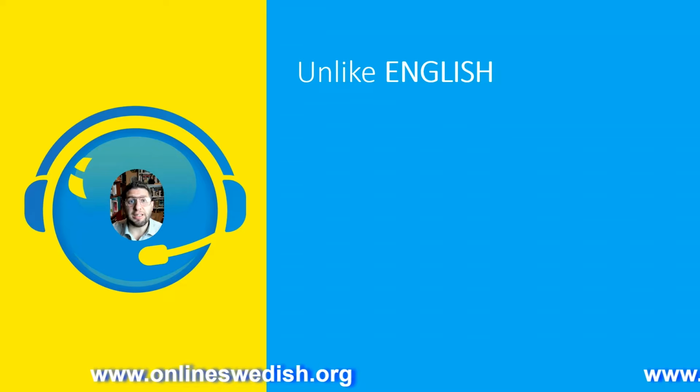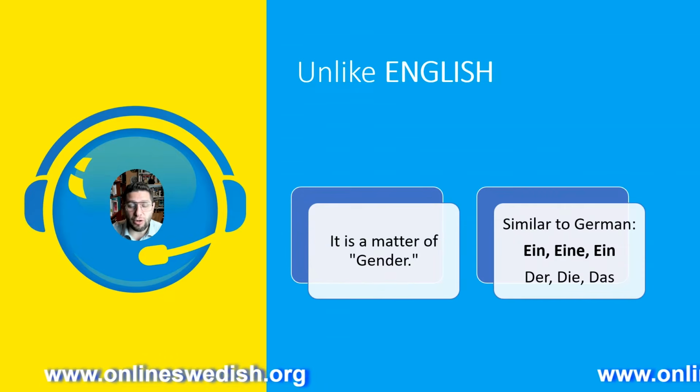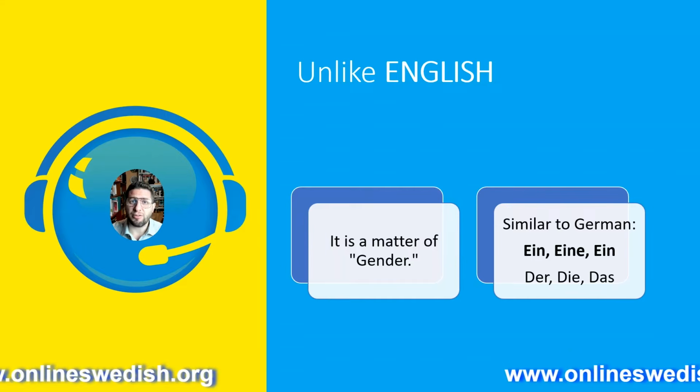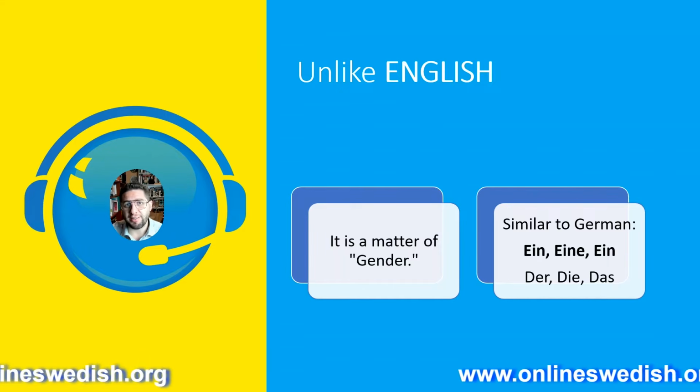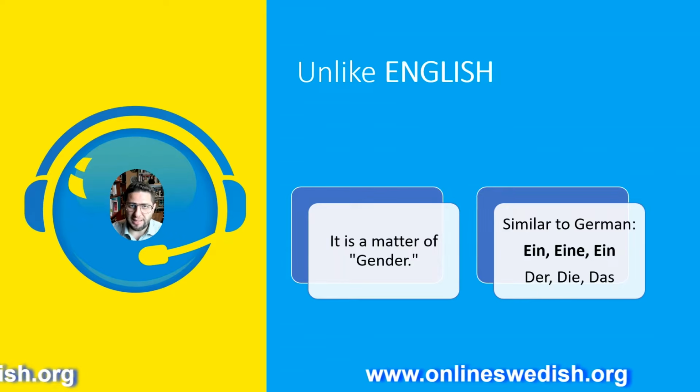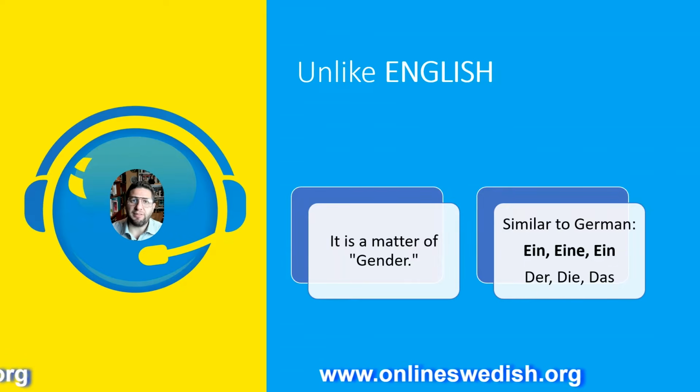Unlike English, in the Swedish language it's a matter of gender, similar to other languages, French, Spanish, Italian, or let's say German, where you have ein, eine, or der, die, das, which are the definite forms of those articles.